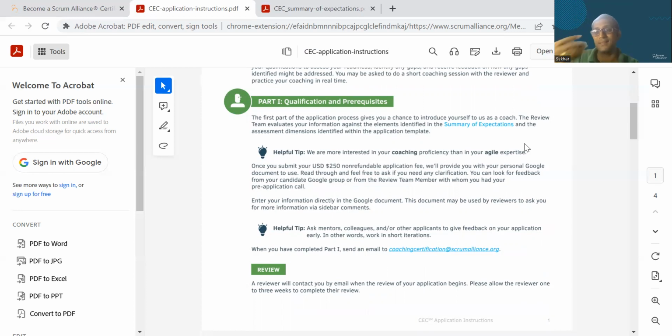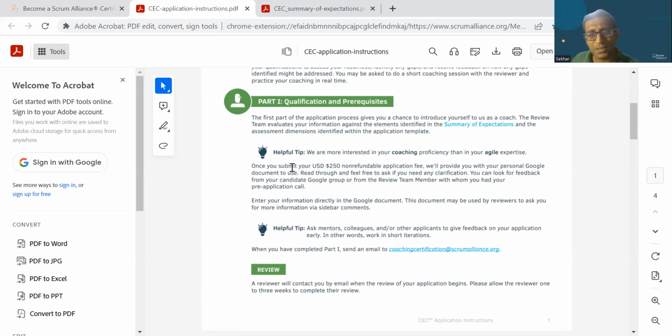But in this application, we look more at your coaching capabilities, like how well you coach teams, how well you coach multidisciplinary teams, how well you coach executive leadership, how well you coach the organizations, or how well you coach the governance teams. There are so many within an organization, isn't it?